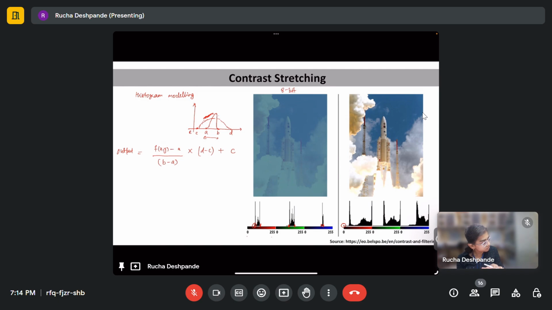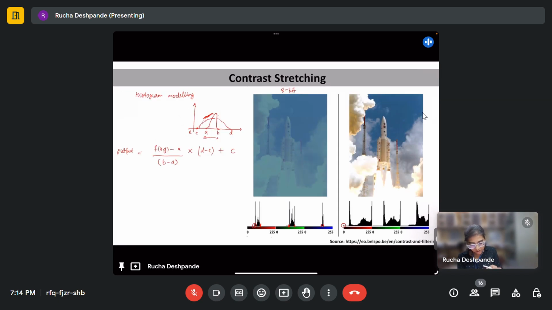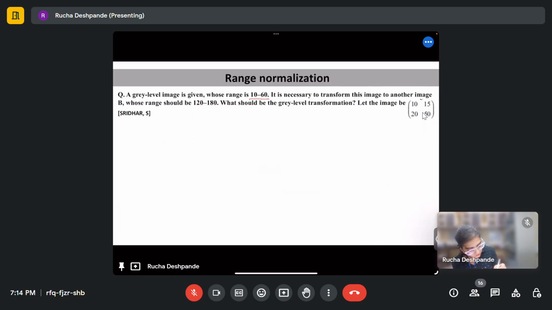Let's do a numerical on this. This process is called range normalization. A gray level image is given whose range is 10 to 60, and it is necessary to transform this image to another image B whose range should be 120 to 180. What should be the gray level transformation? This is the given image.